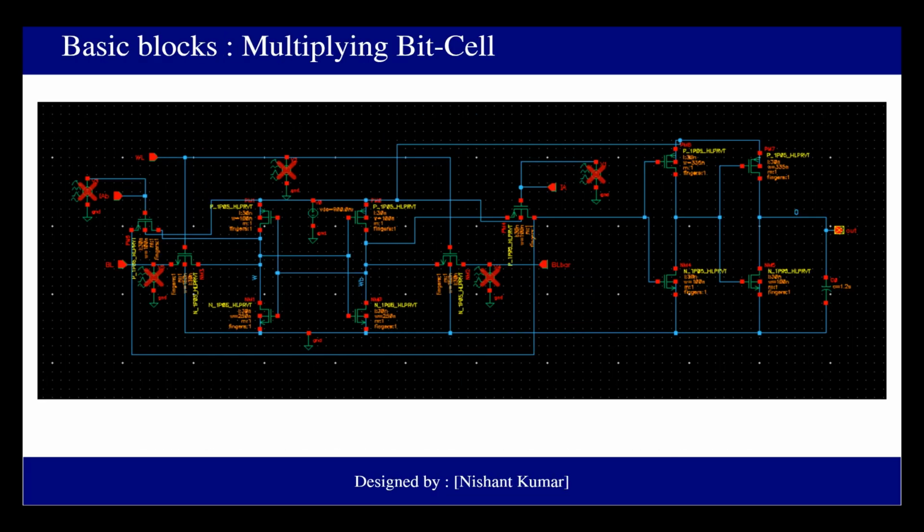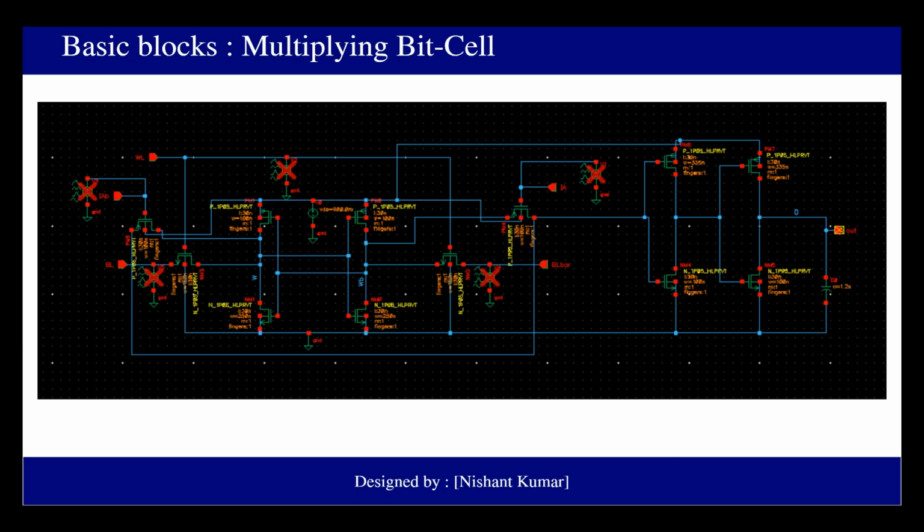Okay, so this is one of the blocks, the multiplying bit cell. As we had shown earlier in the mid-sem, it is basically the same circuit, but it was not reducing till zero. So we added two inverters to drop it down to zero, and the sizing, which was not done earlier, is done now.